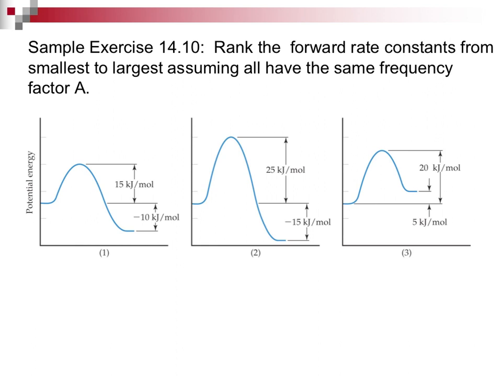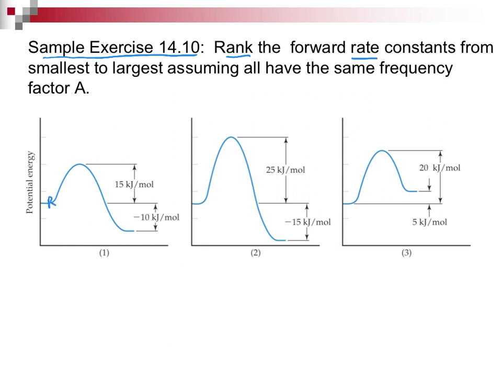Finally, sample exercise 14.10. You may be expected to rank the rate constants. And you're seeing here, I don't see any rate constants. Well, what you do see are activation energies.